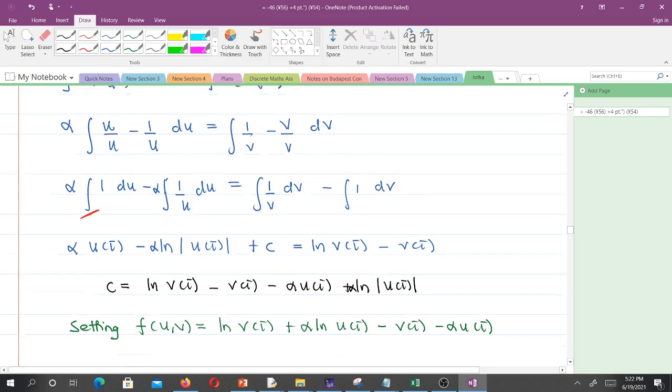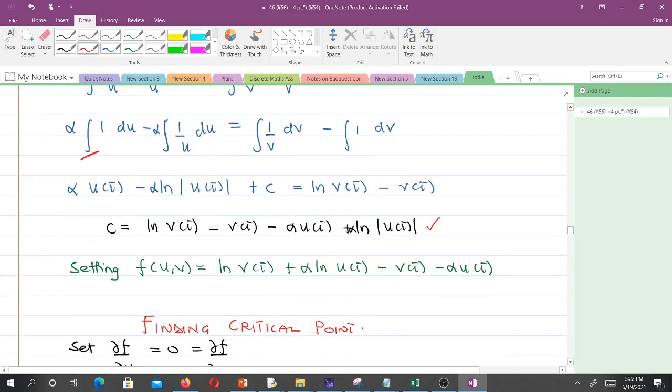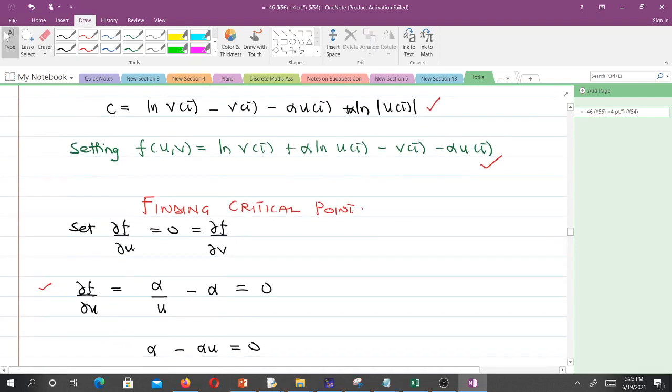So when we make c the subject, we are going to get this, and we let a function of u and v, f(u,v), be given by the c. Okay, so now when we get here, what we do is that we find critical points. So to find critical points, we have to set del f del u to 0 and del f del v to 0.